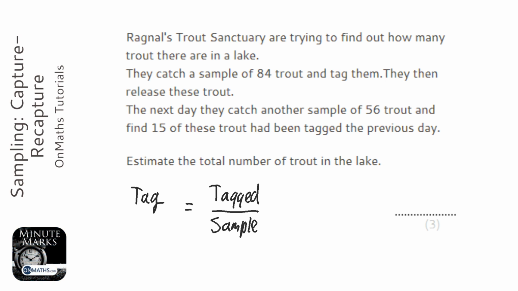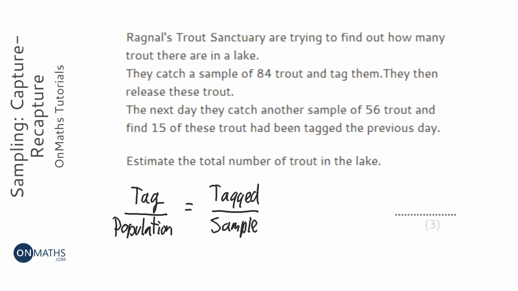And the proportion of the amount you tagged the first time over the total population size has to be equal to the amount that is tagged the second time divided by the sample size.